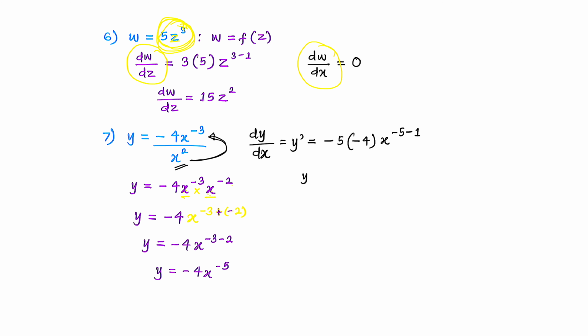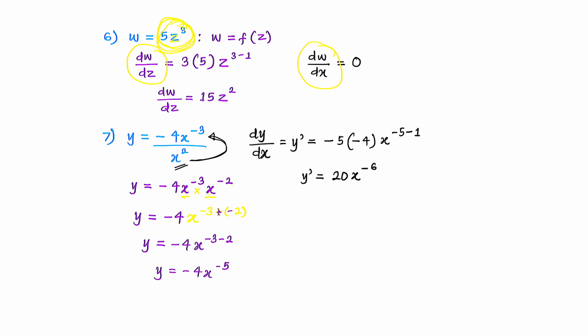Hence, y prime or dy/dx equals negative 5 multiplied by negative 4 will give us 20. Negative times negative is positive. 5 times 4 is 20. So we have positive 20. The variable x to the power minus 5 minus 1 does minus 6.